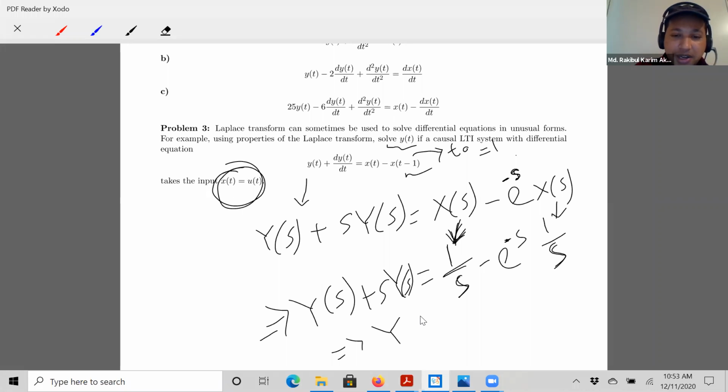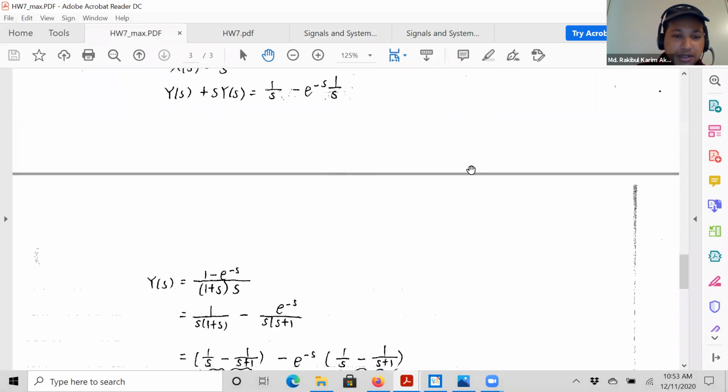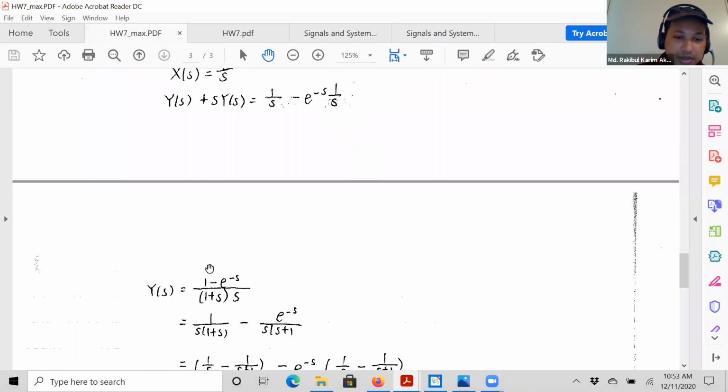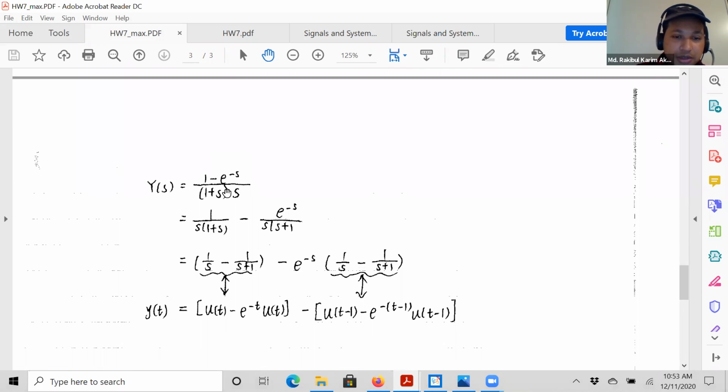After that, you need to find out what is the ys. If you do that, it will look like this equation. After that, we are trying to split it in two parts. One part like this, 1 is here, minus e to the power minus s is here. Trying to simplify. We always try to simplify in a format that we already know.